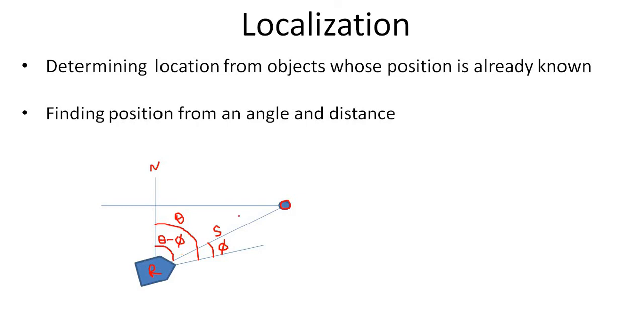Okay, so the location of this object is already known, and it is x naught and y naught. And the location of the robot with respect to this object is delta x and delta y.